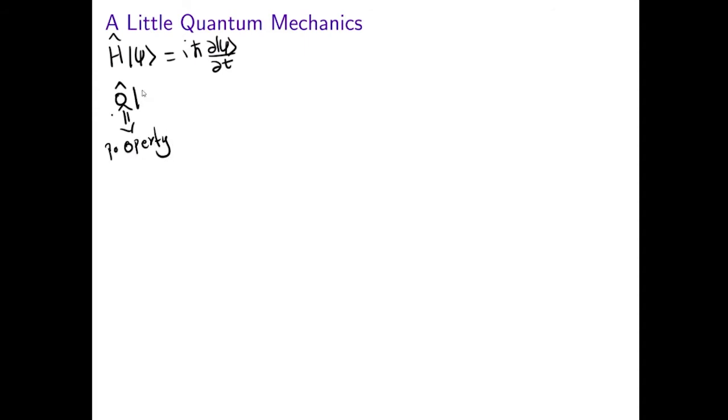So this is the property. And when you act on the state vector with this thing, then you will discover what that property is held by the system. So the state vector describes the system, but if you want to describe a particular aspect of the system, you have to act on it with a matrix O, and we call these matrices the observables, since they correspond to things that we can actually see or measure.